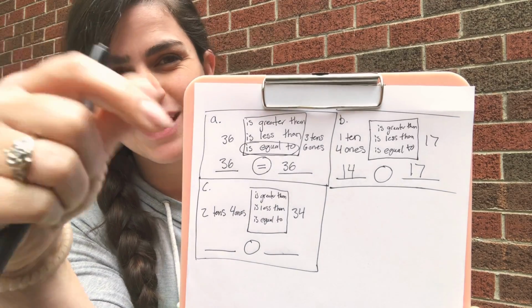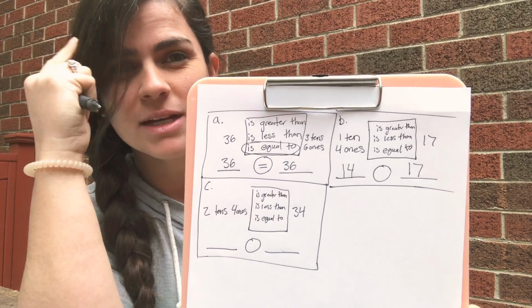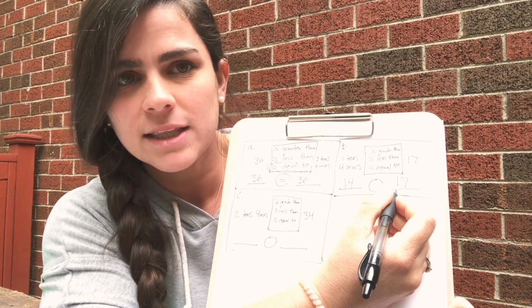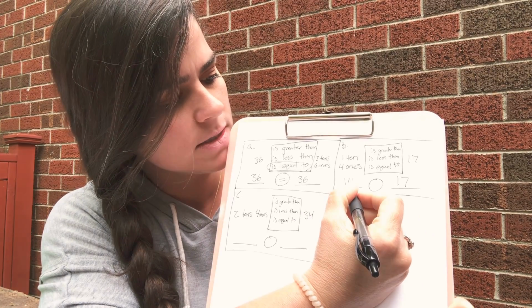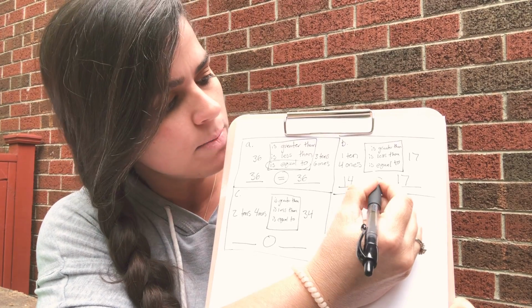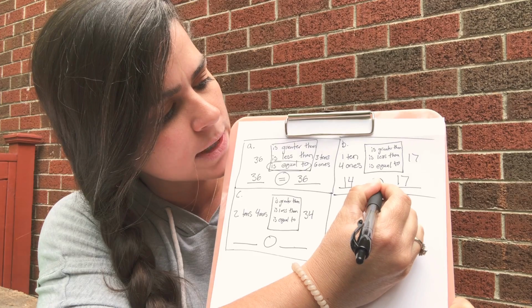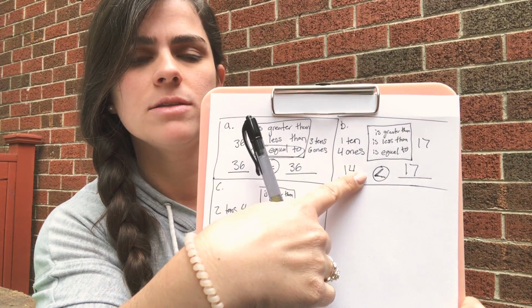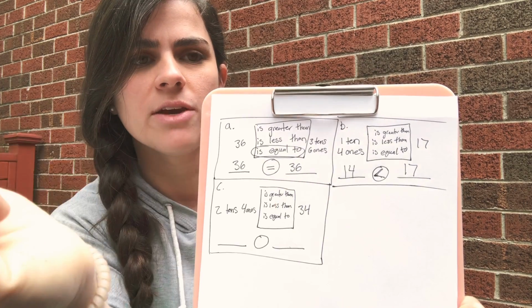I'm going to write it without teeth, but I can still imagine the alligator eating the bigger one. So 1 ten, 1 ten, that's equal. Look at my ones. This one has 4, this one has 7. Which one is more? Point my alligator mouth to the one that's more, the 7. There he is. He's eating the number 17.